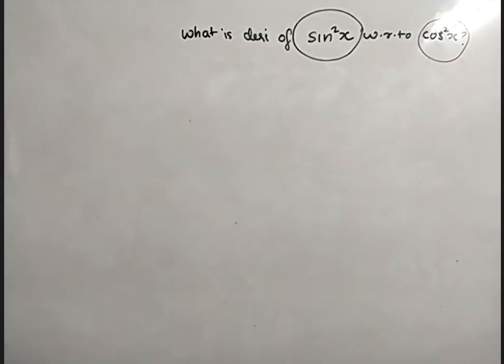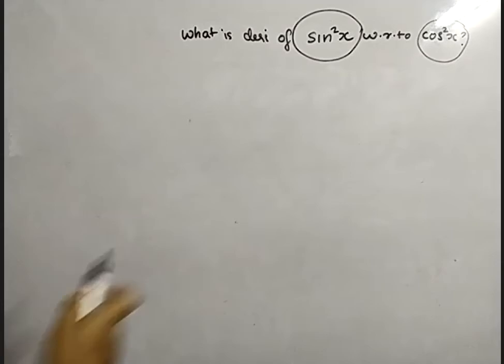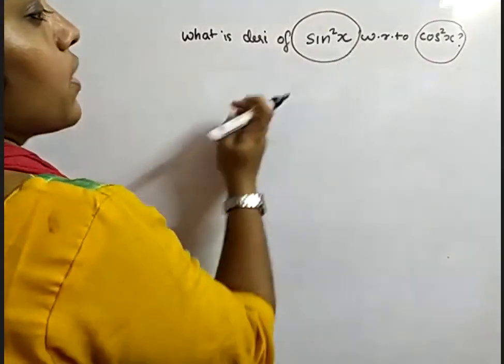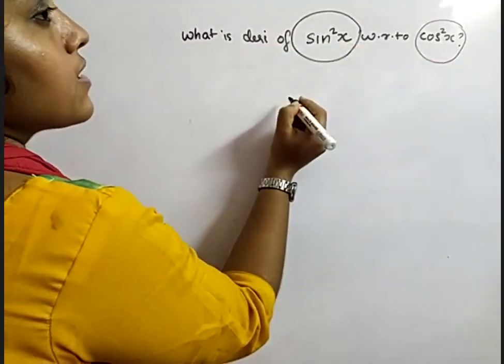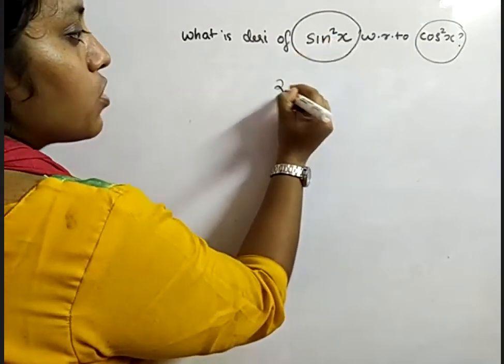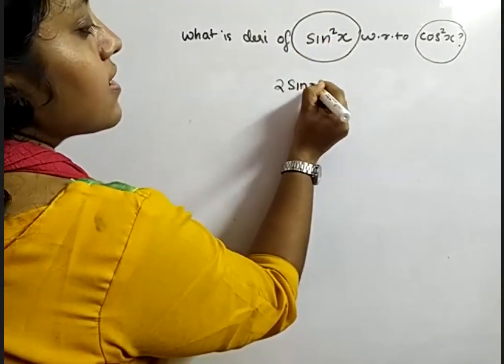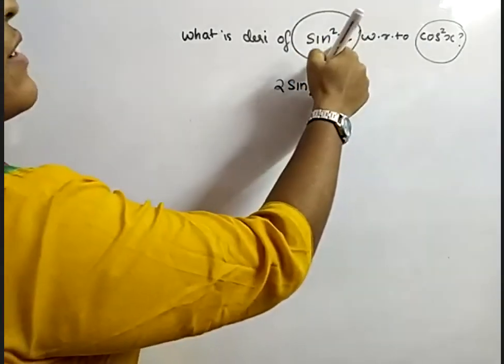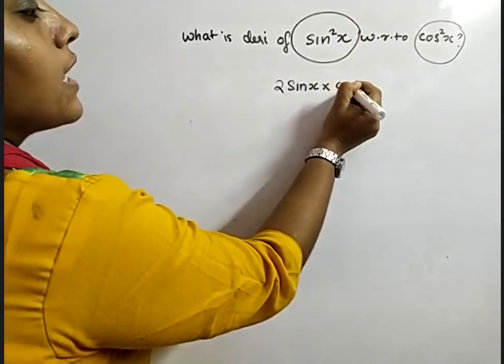Okay, -1. Everyone got it? How can we take the derivative of sine square x? This is x raised to n, so n x raised to n minus 1. So 2 sine x into the derivative of sine x, which is cos x.